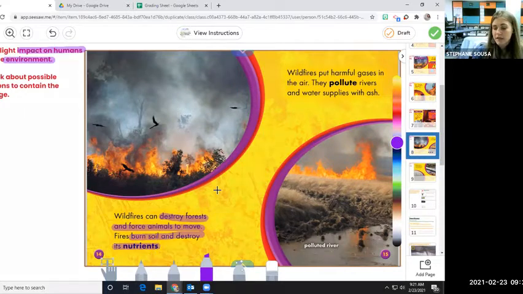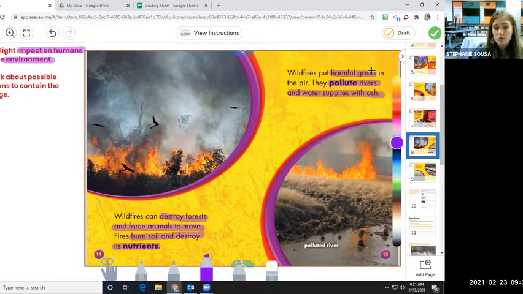If this happened on farmland or on an area where animals have their crops that they eat, they can no longer do so because the soil, the nutrients inside of it, have been destroyed. Wildfires put harmful gases in the air. They pollute rivers and water supplies with ash. More environmental impacts, harmful gases and pollution inside of rivers and water supplies.